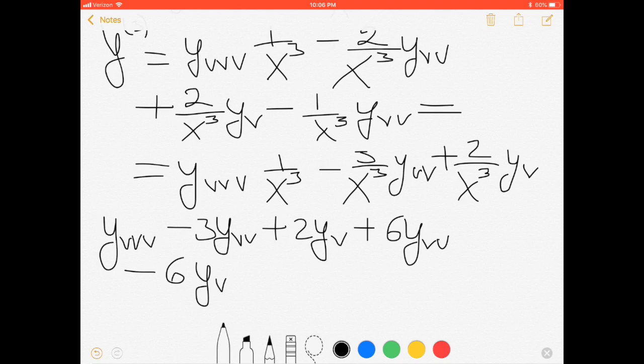And then we have 7 times the first derivative. This means only 7x, it will give us plus 7 y prime in v, and then we need to add our y.